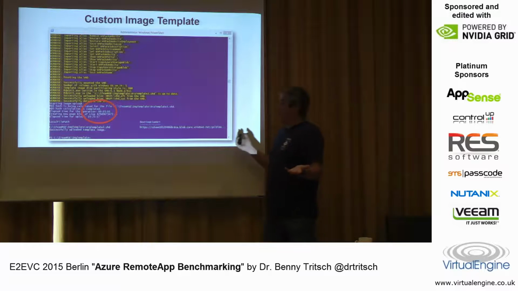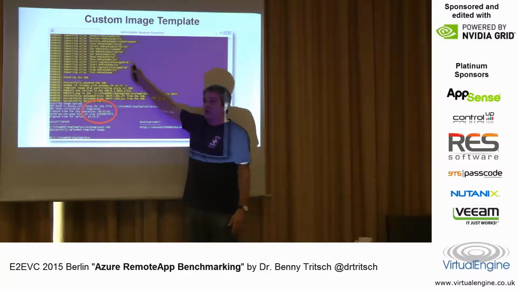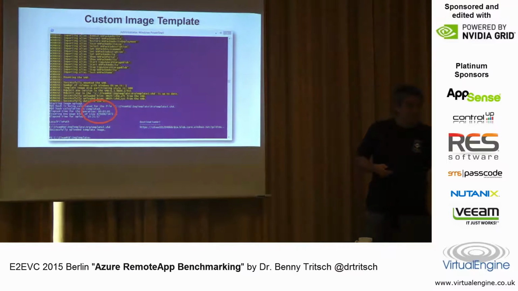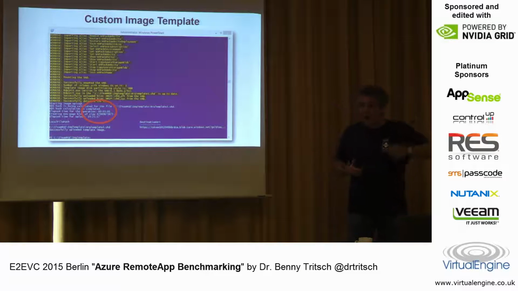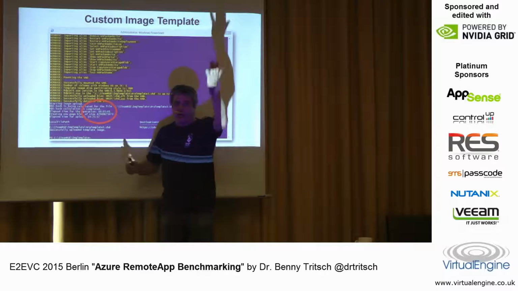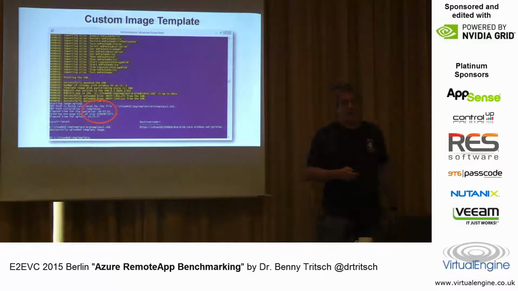This is a PowerShell script that you simply start. It checks if your image is properly configured. It does all the plausibility checks, all of these requirements that I mentioned before. It goes through all that, and if everything is fine, it starts uploading the image. That's all. You do that from the Azure portal.